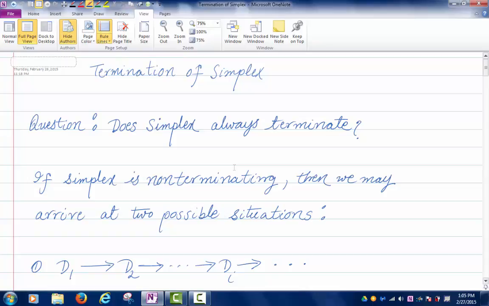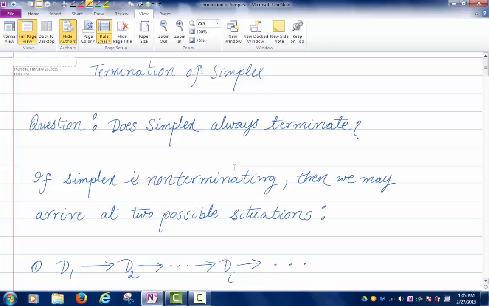In order to answer that, let's think about what happens if simplex does not terminate. What is the meaning of simplex? It is moving from one dictionary to the next by using pivoting. That's simplex.